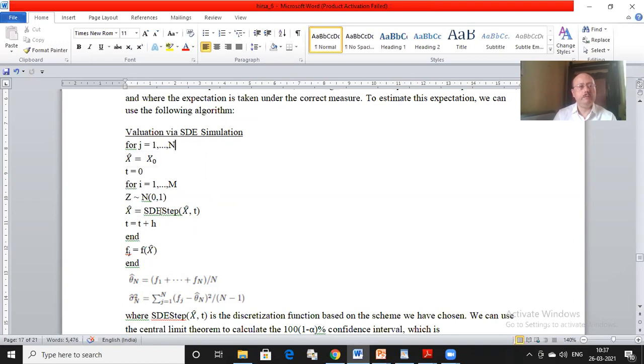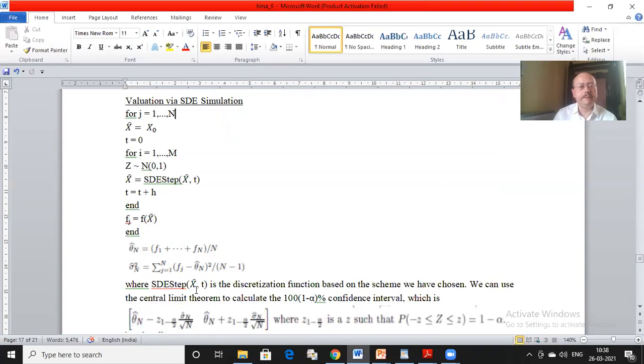Now for i equal to 1 to M, for each time step, I simulate a normal random variable, because whatever we do, we simulate some random distribution. And I calculate X hat as the SDE step of X hat and t. What is this SDE step? This SDE step is the discretization function based on whatever scheme we have chosen. Then we go to the next time point and so on.